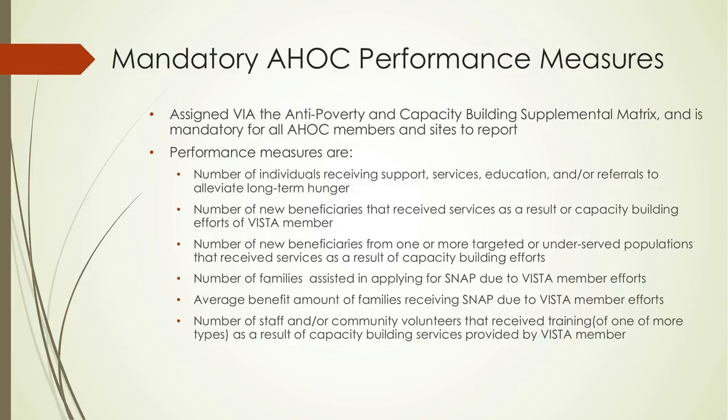If it's really not possible for you to get that information for different reasons, for example, the information goes directly to the state and there's no feedback from the state, or they don't send a report of the average benefit amount to your organization, then on that performance measure on the matrix, you can just put NA, and you can just let us know the reason.